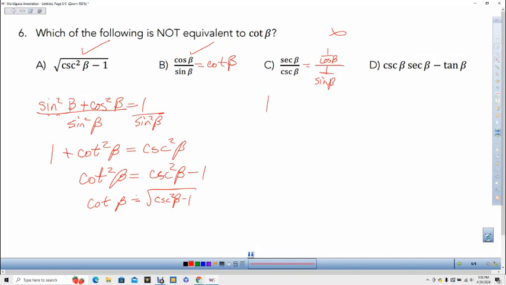So we've got 1 over cosine beta times the reciprocal, which is sine beta over 1. Multiply across the top, multiply across the bottom. We get sine beta over cosine beta, and that is going to be tangent beta.